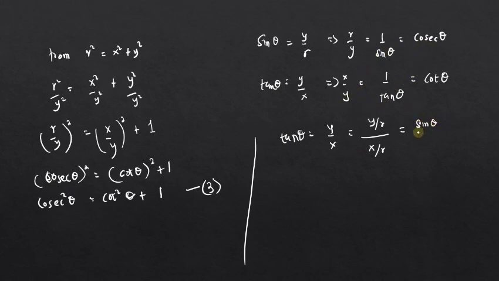Okay, so don't forget these trig identities that we have talked about. The first one is sin squared theta plus cos squared theta is equal to 1. Then we also got sec squared theta is equal to 1 plus tan squared theta.